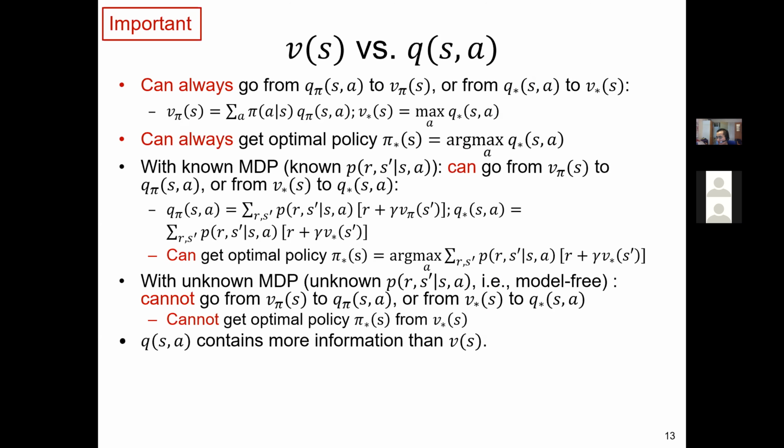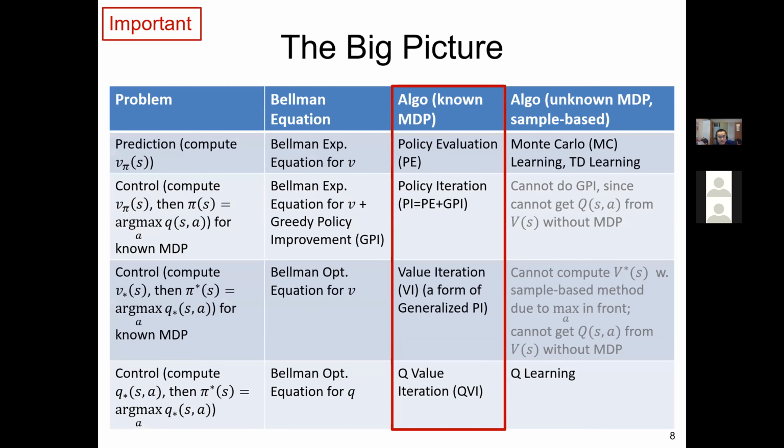So if you're doing control, that is, you're trying to optimize a policy, that's why for control when you don't have a model, Q-learning is the way to go. That's the most widely used learning algorithm for learning an optimal control policy.